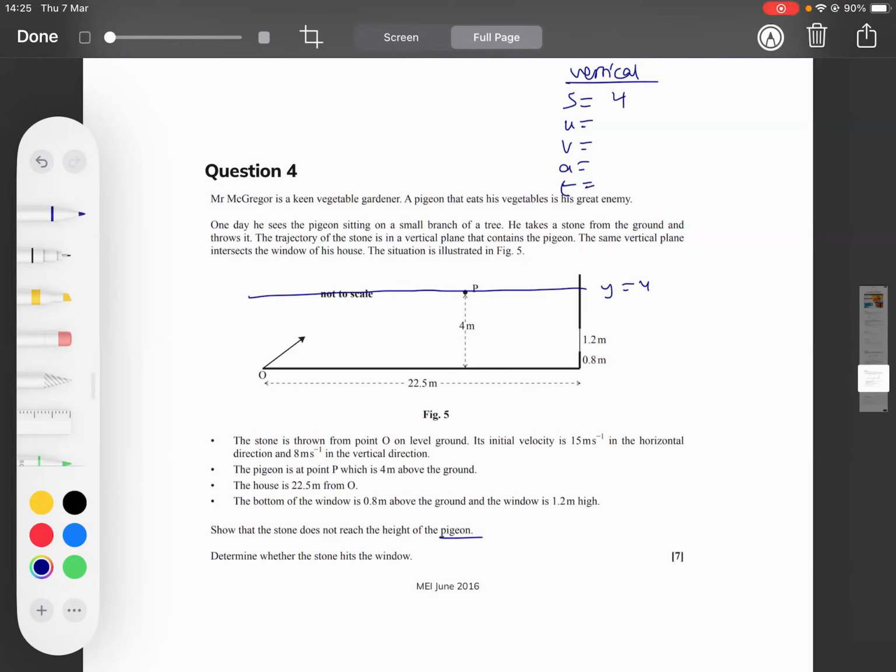We have U equals 8, because it's shown here in the vertical direction. Velocity we don't know, acceleration is minus 9.8, and T is what we're looking for.